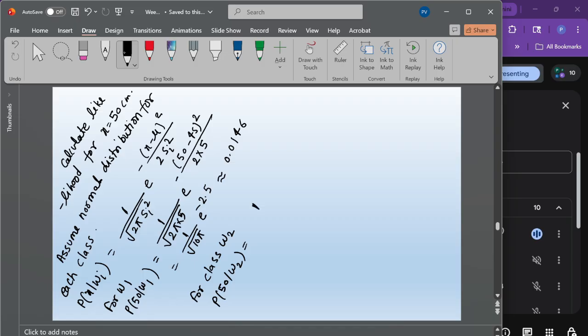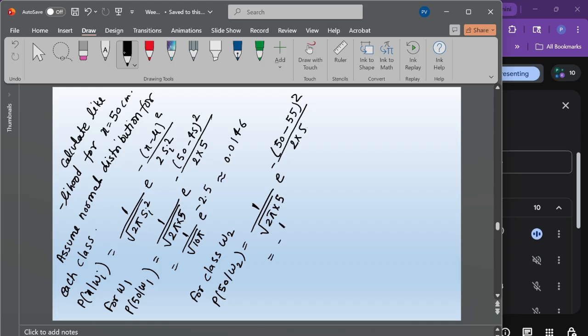So now again 1 by root 2 pi, here the variance we have again got 5, into 5, e to the power minus (x is 50 and mu 2 we have got 55, right) by 2 into 5.